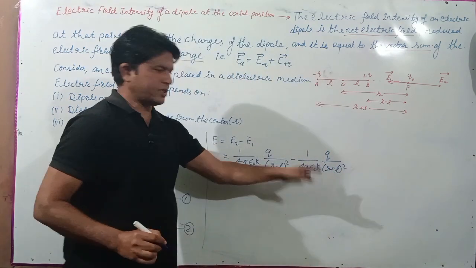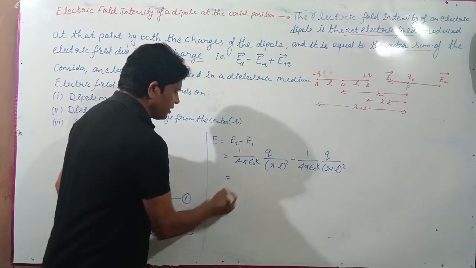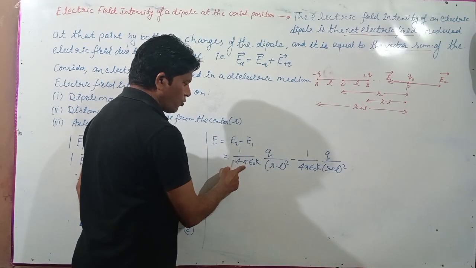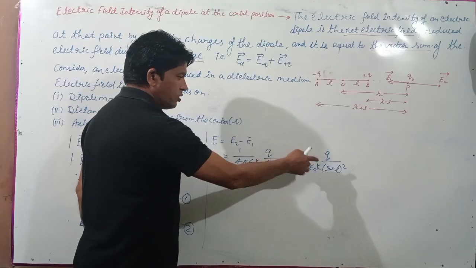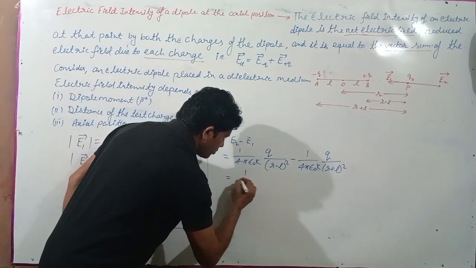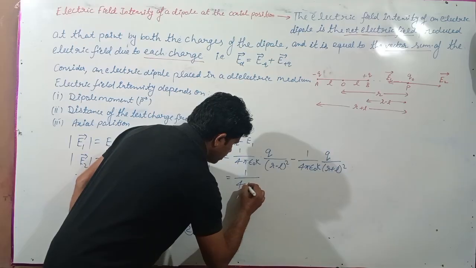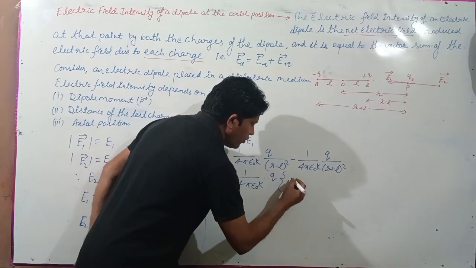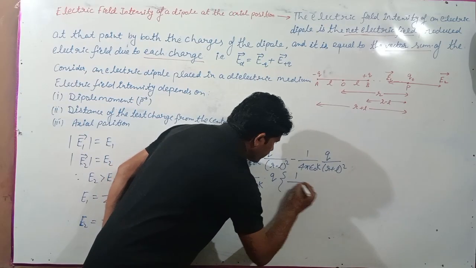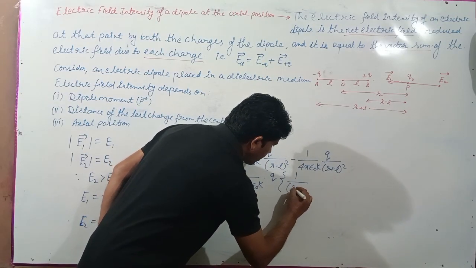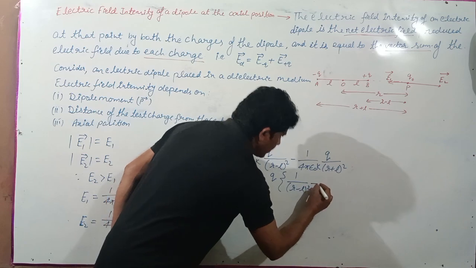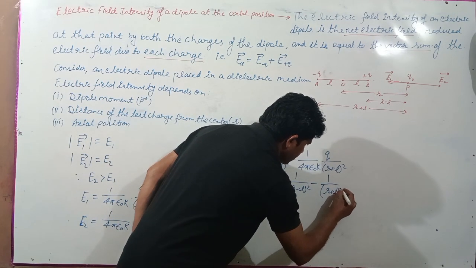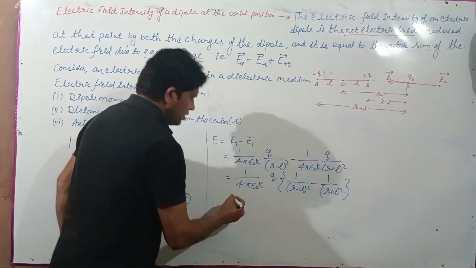Now taking some common, as you see here, 1 upon 4 pi epsilon naught K and Q in both the terms. So taking out some common like this, in bracket we get 1 upon (R minus L) whole square minus 1 upon (R plus L) whole square.